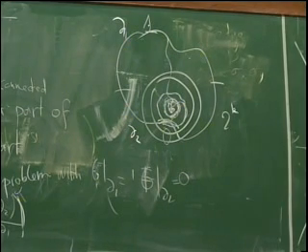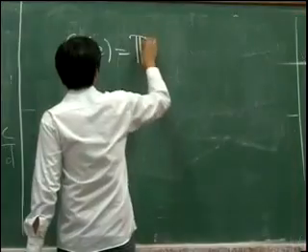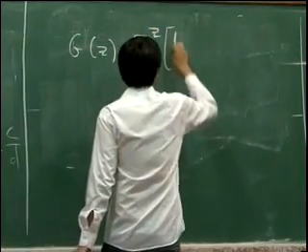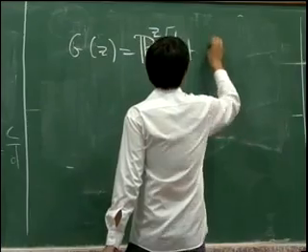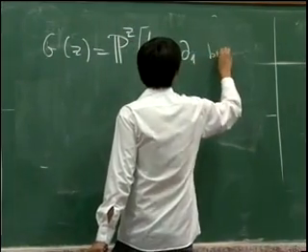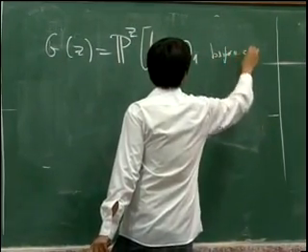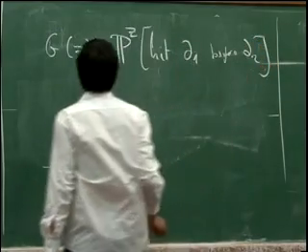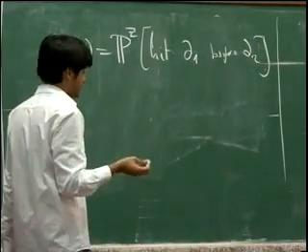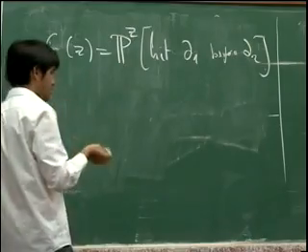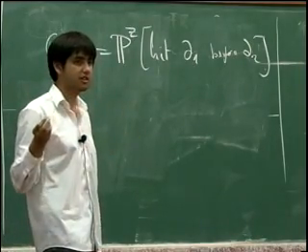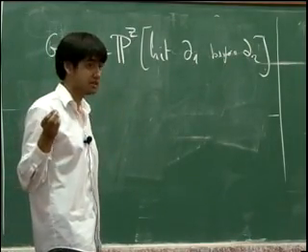So g of z is the probability, starting from z, to hit d1 before d2. And you'd like to show this probability is small. So we'd like to show that at every scale you have a good chance of hitting d2.